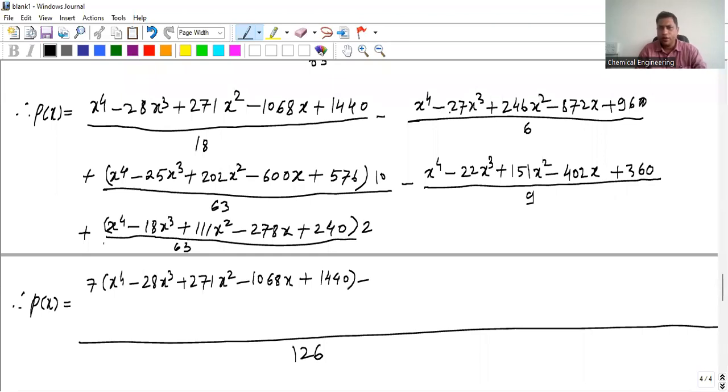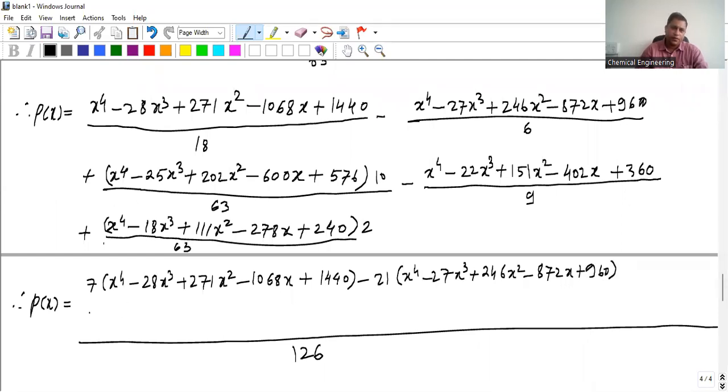Here, what will be the multiplier? 21. So we can have 21 times x raised to 4 minus 27x cubed plus 46x square minus 872x plus 960.